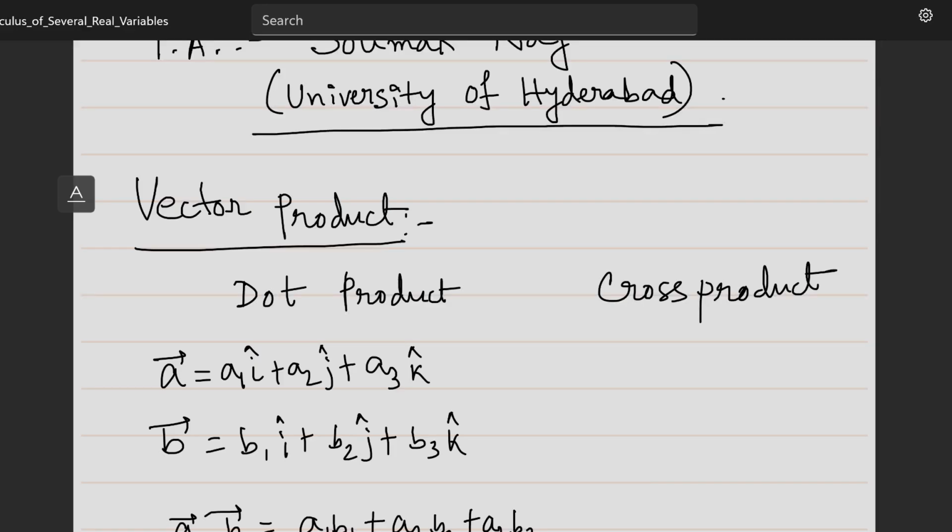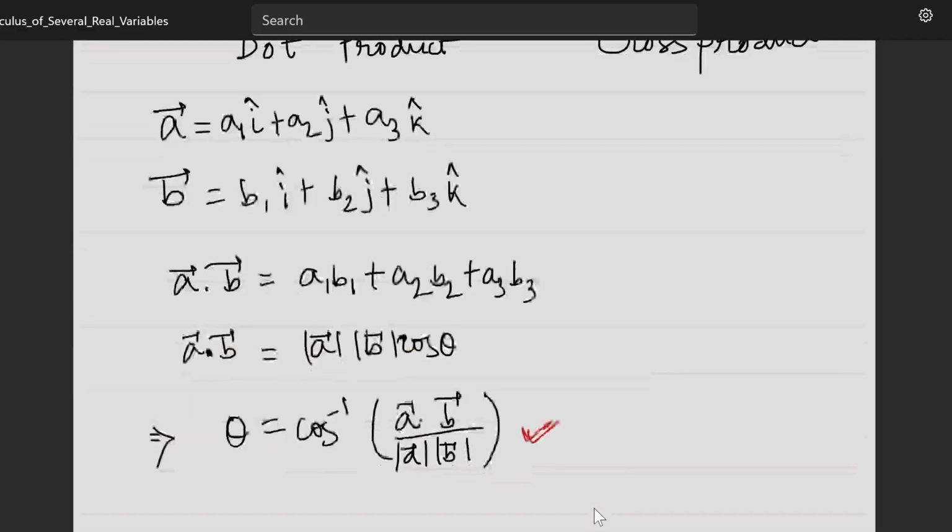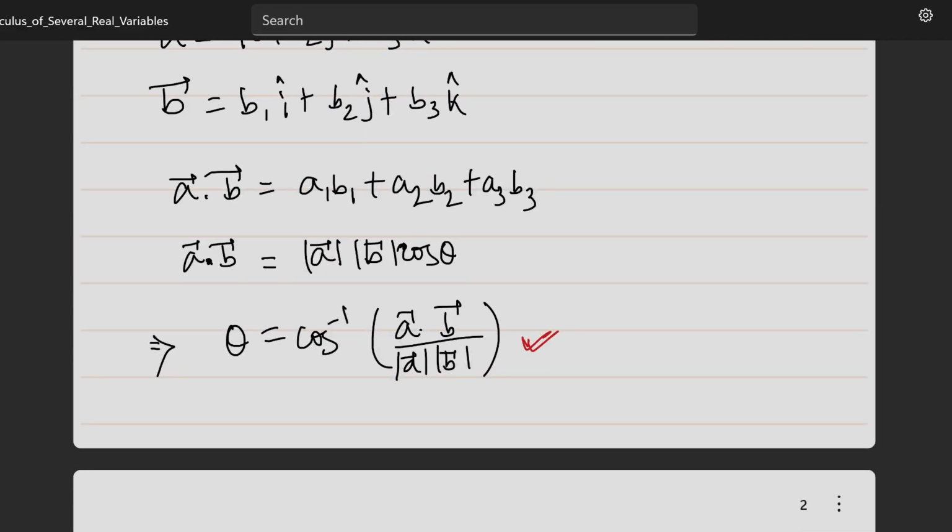And next I will move to cross product. Before that, I want to tell: suppose P, Q, and R are position vectors. So what do you mean by PQ vector, or QR vector, or PR vector?